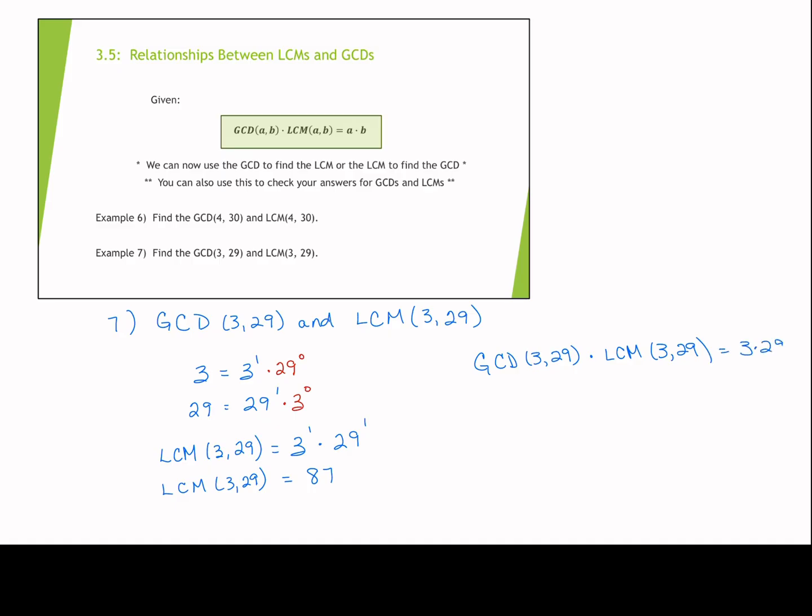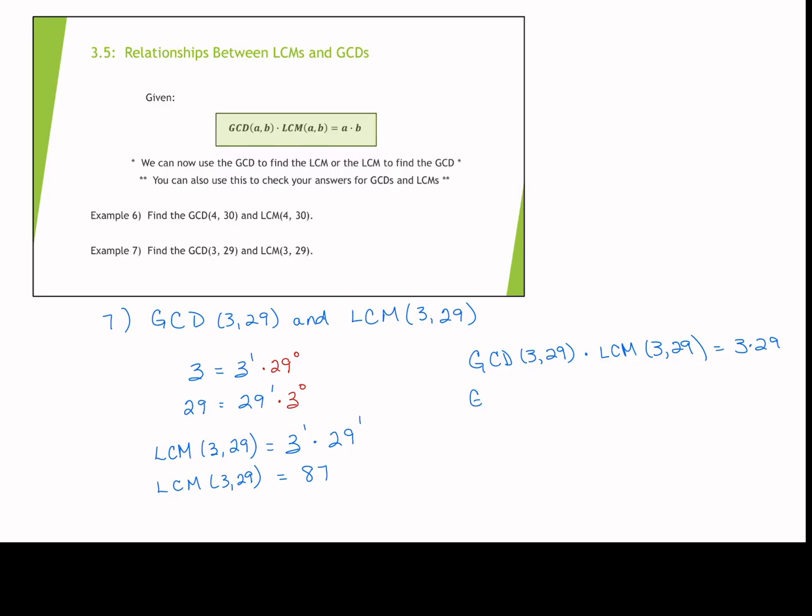So 3 times 29 will give us the same value. The GCD is unknown, so I'm going to leave that as is and multiply it by the found value. We know that the LCM of 3 and 29 is in fact 87.